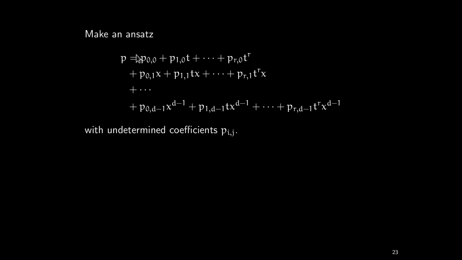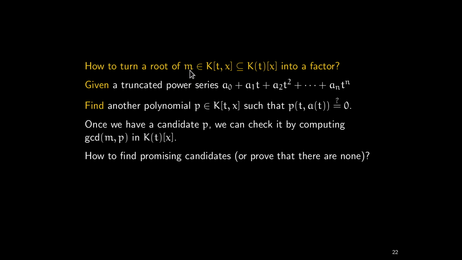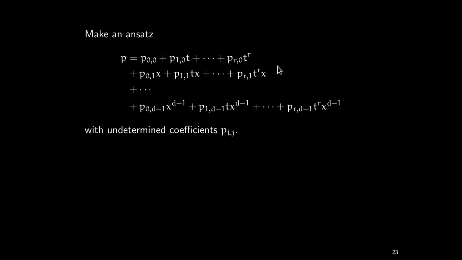And since this p is ultimately going to be a factor of m, and the m is a polynomial not only in x but also in t, you can also bound the degree in t of the p. It can't be larger than the degree of m with respect to t. Okay, so let's say this is r.